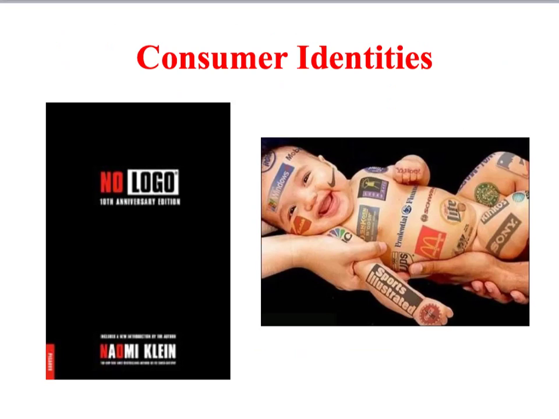And consumer goods are important not so much for themselves as for what they say about the taste and style of the consumers. So people, when they're buying things, are usually aware that they're making a statement about themselves through their consumption habits. In her famous book, No Logo, the Canadian writer Naomi Klein argues that the meaning of brands has changed.